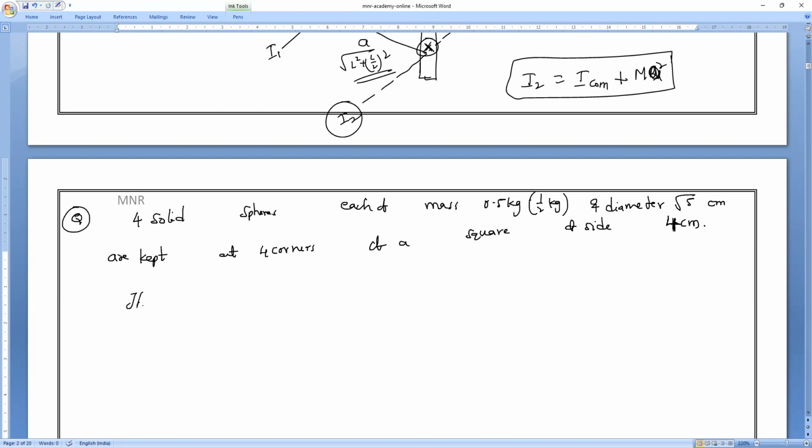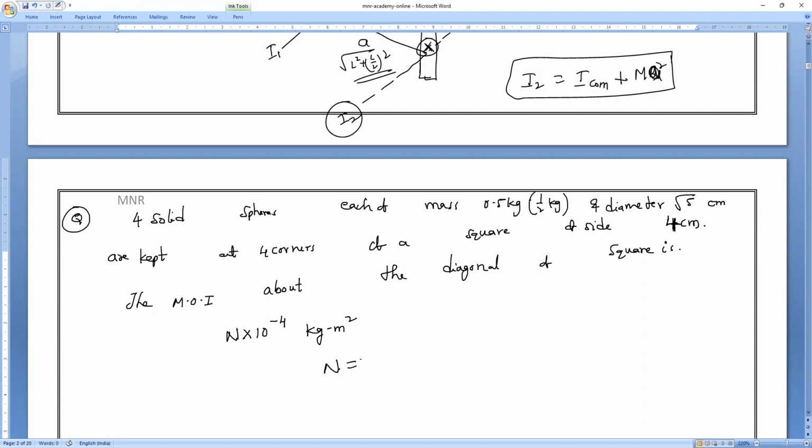Okay. So the moment of inertia about the diagonal of the square, they have given the value n into 10 to the power of minus 4 kilogram meter square. That is what it is.